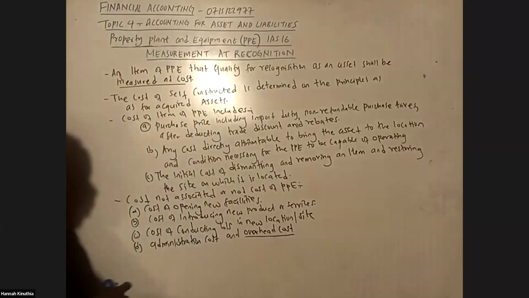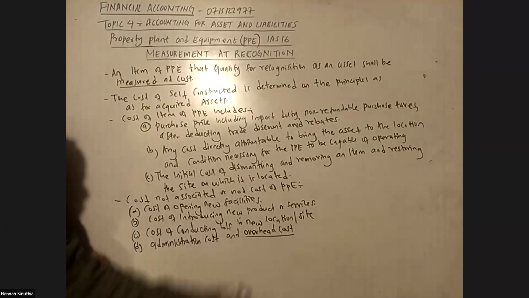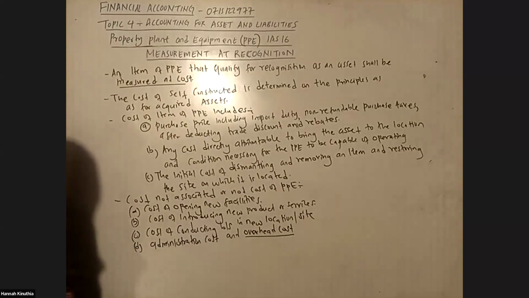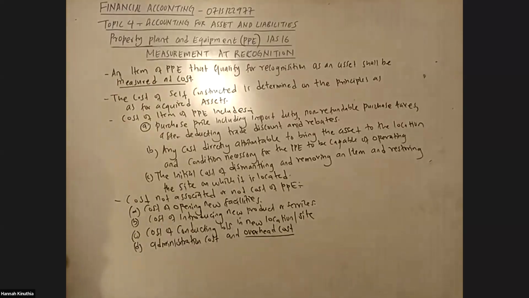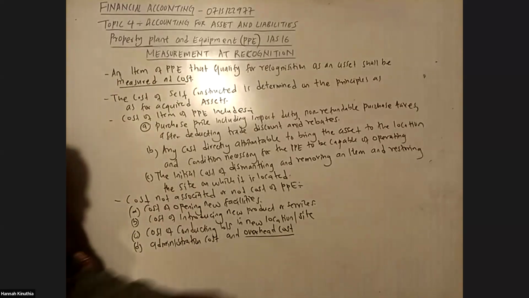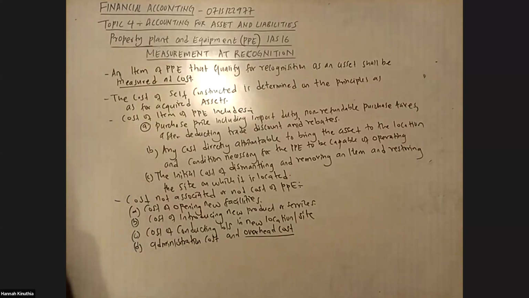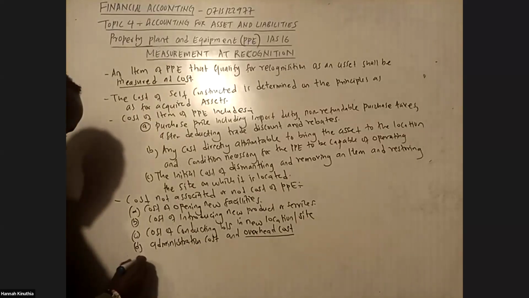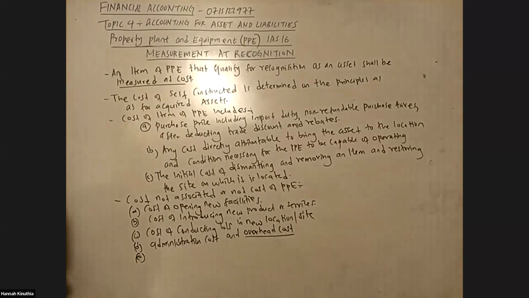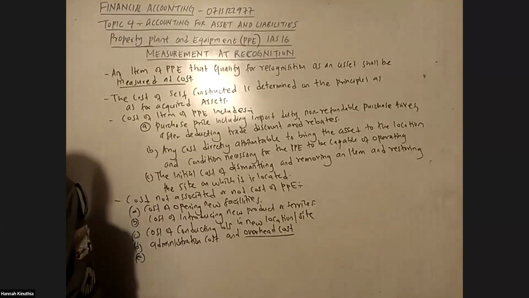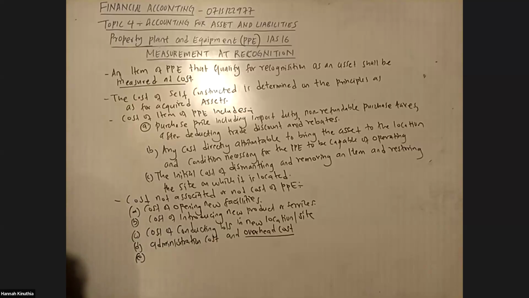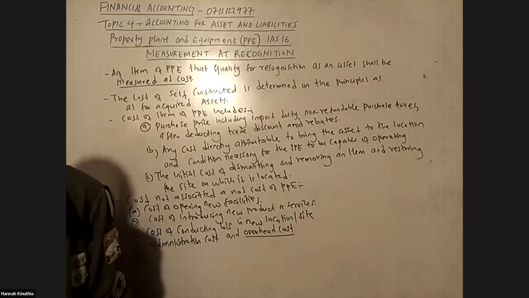What are overhead costs? Overhead costs are costs which are incurred indirectly in production.